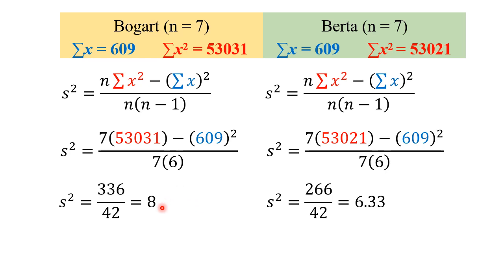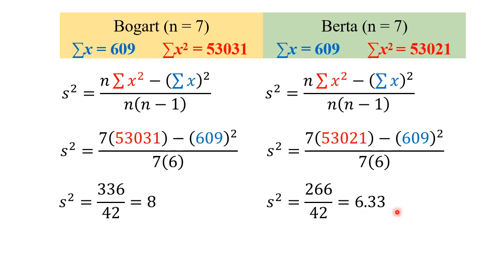So the lower the value, closer to 0, it means that the scores are closer to one another. The greater the value, or the farther your standard deviation or variance, it means that the grades are far from one another.